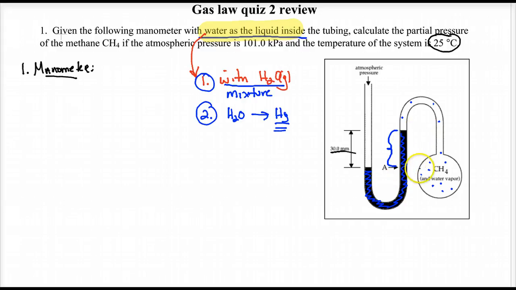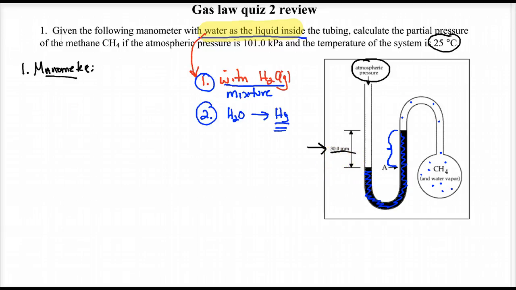So all I need to do is take the atmospheric pressure, and with this height of the column, since this is lower by this amount being supported, I'm going to subtract it from the atmospheric pressure. So this is the manometer part of the problem. But my first problem is that this height here is millimeters of water, and that's not a pressure equivalent. I need to convert that to torr or millimeters of mercury.